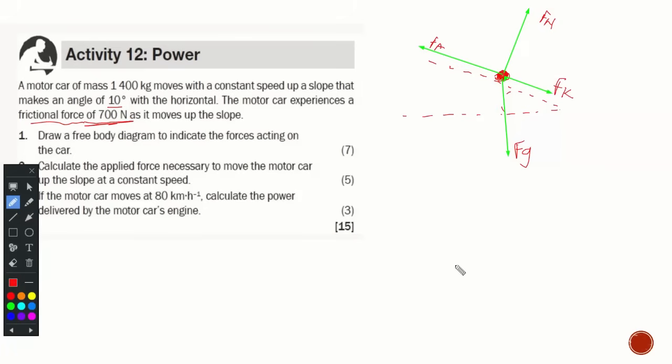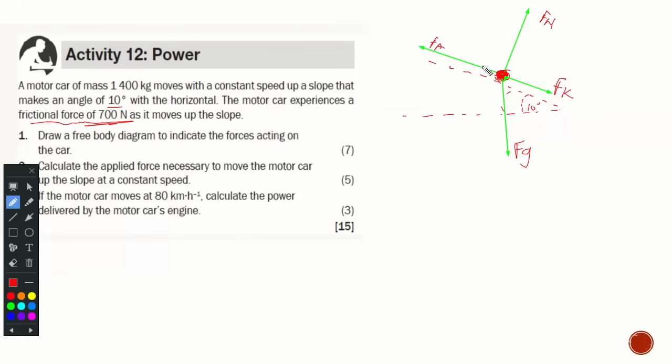That's basically what we should have there. So we can indicate our slope of 10 degrees here. They said draw a free body diagram to indicate the forces acting on the car, so we've indicated all the forces acting on the car. With this one, it was not the standard number of marks that we were given.